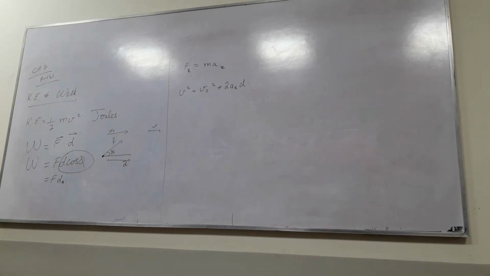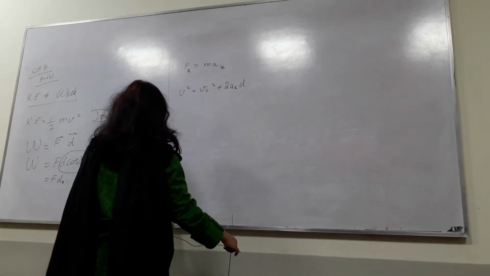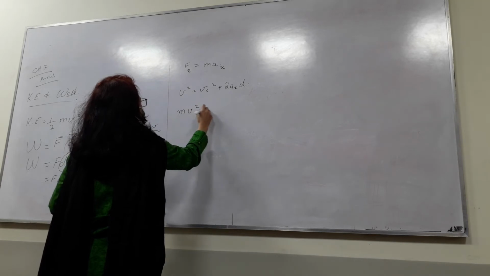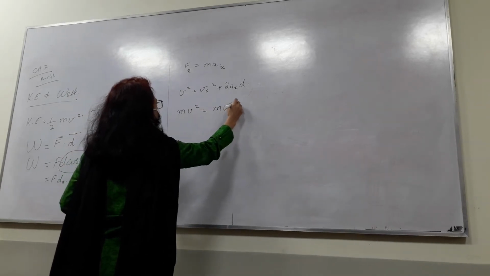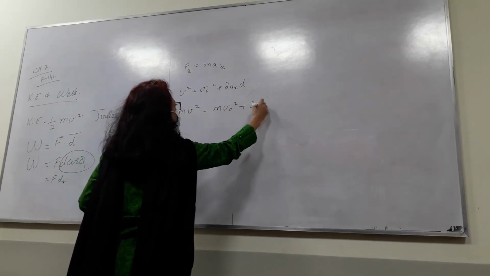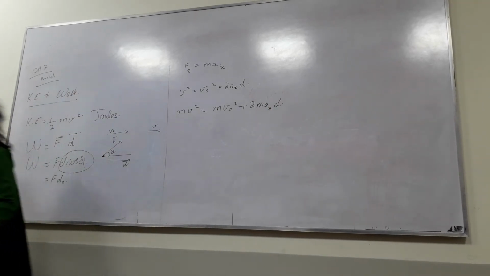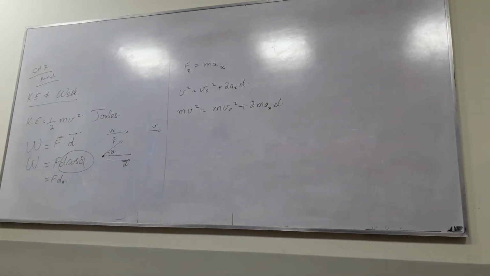So if we multiply this throughout by m, then we get mv squared is equal to mv naught squared plus 2 max into d. Right? We just multiplied the whole equation with m.